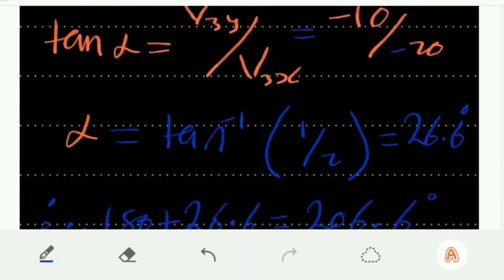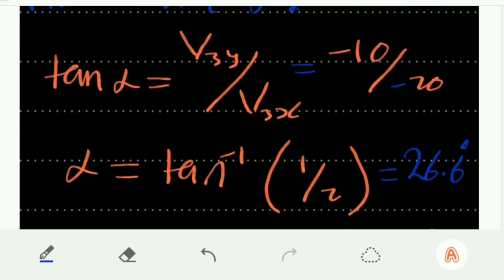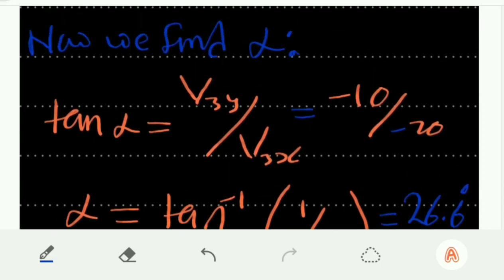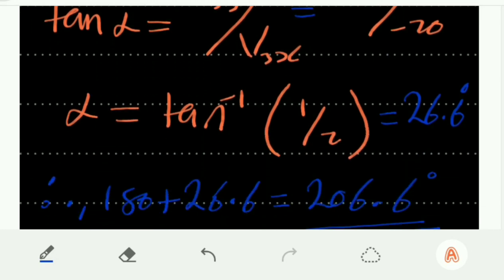So alpha equals tan inverse of 1 over 2. This 1 over 2 comes from negative 10 over negative 20. We get 26.6 degrees.